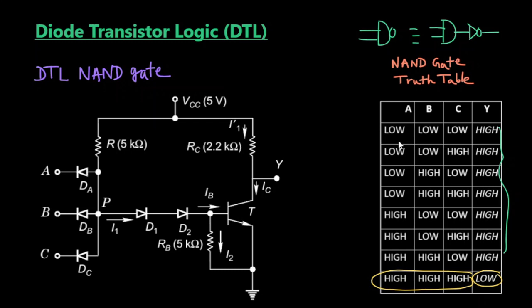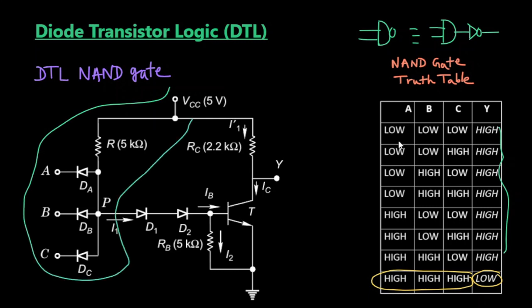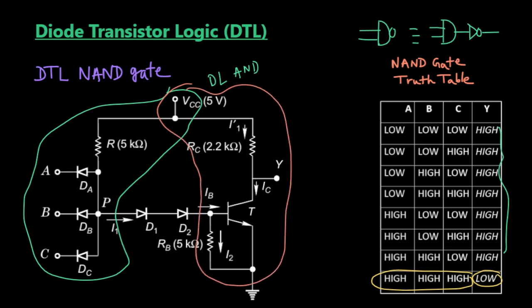We can clearly see two divisions in this circuit. The portion on the left-hand side is a diode logic AND gate, and we have already studied this. The right-hand part of this DTL NAND gate can be thought of as an RTL inverter, and we have also studied this in our previous lecture.